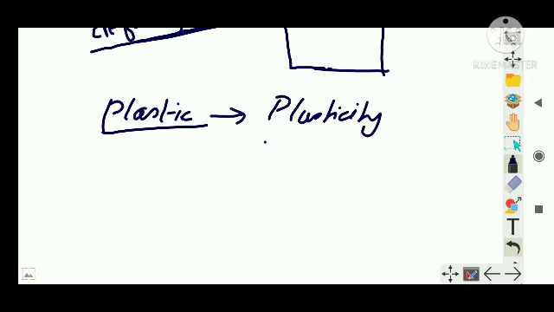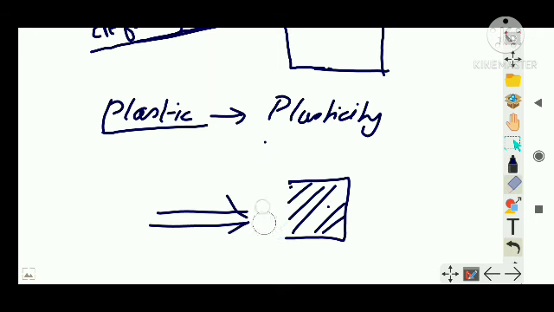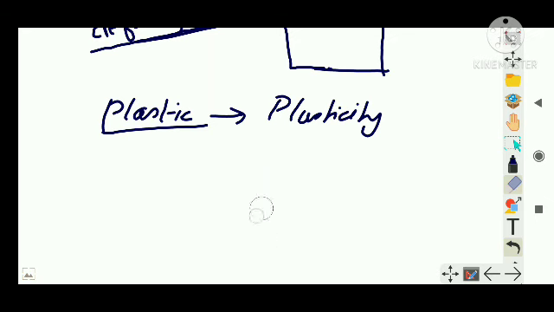You have a different substance, you apply a deforming force, and its shape changes, let's say it shrinks like this. But once you remove the force, the shape doesn't come back to its initial form. That type of object is known as plastic. That is, the object cannot regain its original shape and size. That type of object is known as plastic, and that property is known as plasticity.